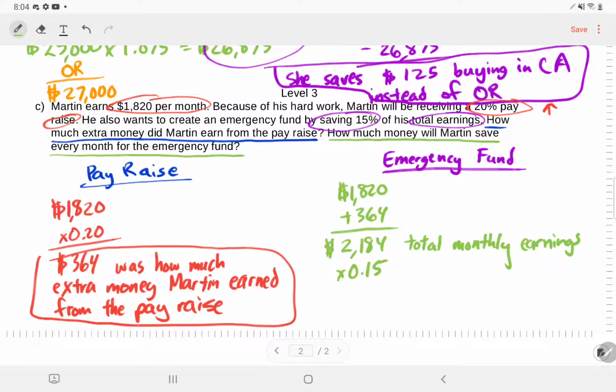So 2,184 times 0.15, we get $327.60. $327.60 is the monthly savings for his emergency fund.